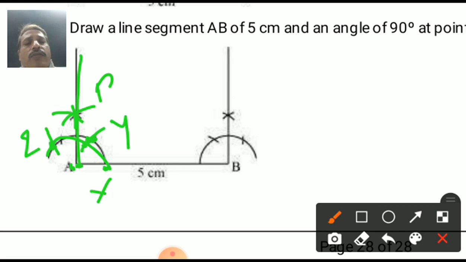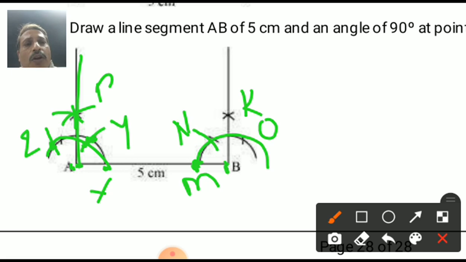So here you can also give names M, N, O, K. From B you can draw an arc which cuts at point M. Now with M as the center, cut the point which cuts on N. From N you can draw an arc that cuts on O. From N you can draw an arc here on the top side, and from point O also you can draw an arc with the same radius which cuts and gives you a point K. Now join B and K.